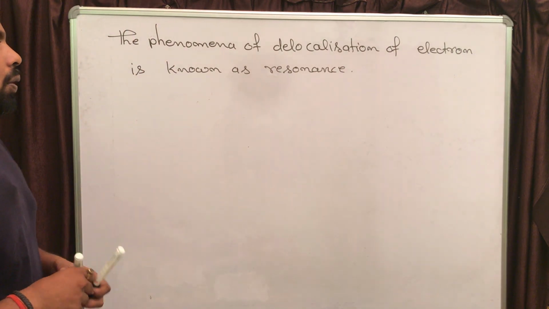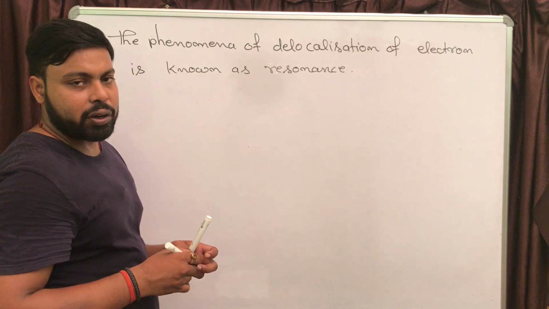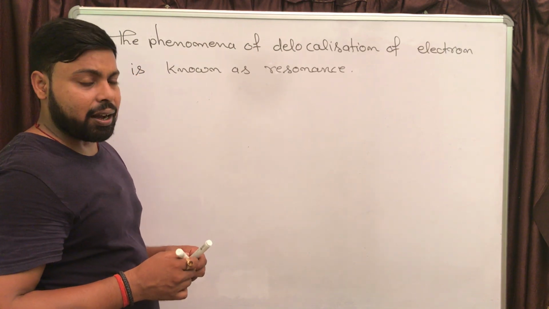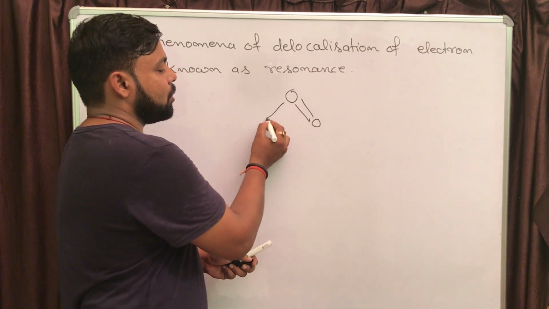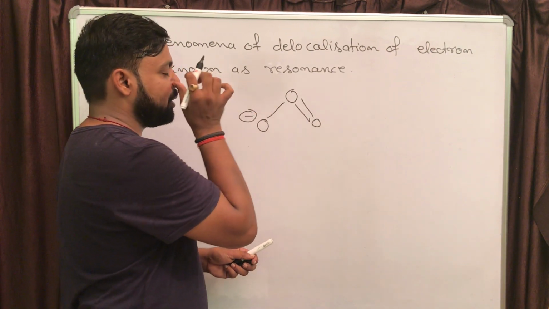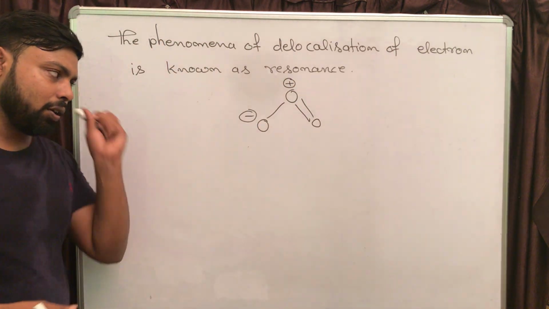One more thing I want to explain to you. Previously, when I was drawing the resonating structure of ozone and the hybrid structure, I'm drawing it again. If you draw the resonating structure, there will be one negative charge on one oxygen and one positive charge on the middle oxygen.